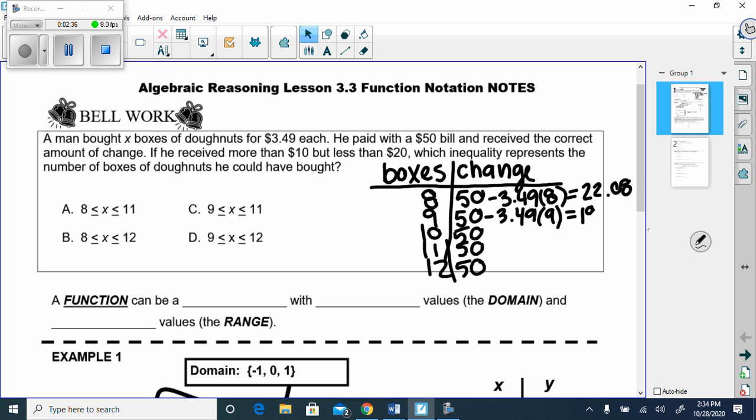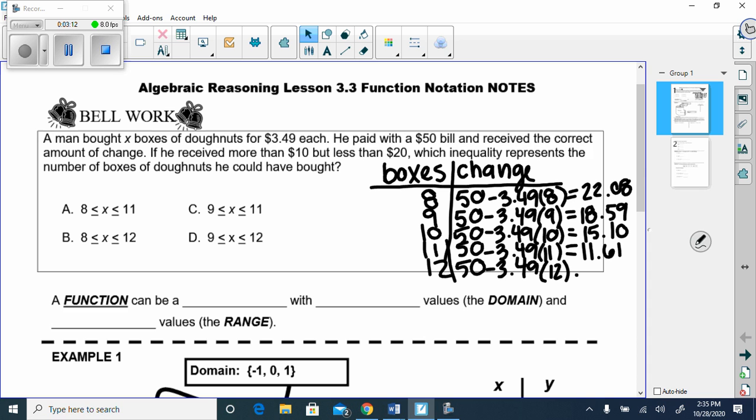Good. Okay, and then for 10 boxes, 3.49 times 10. 15.10. Okay, and then same thing for 11 boxes. What's that going to leave me with? That's what I got, 11.61. There we go. All right, and then the last one is for 12 boxes. 8.12. Okay.